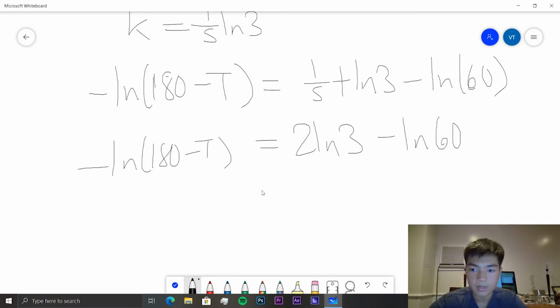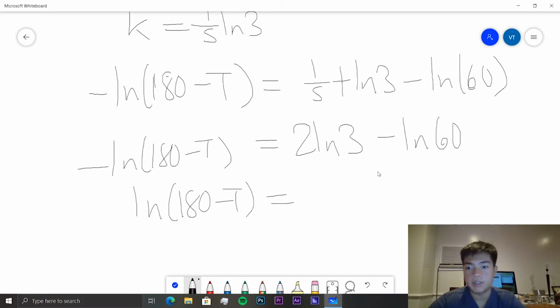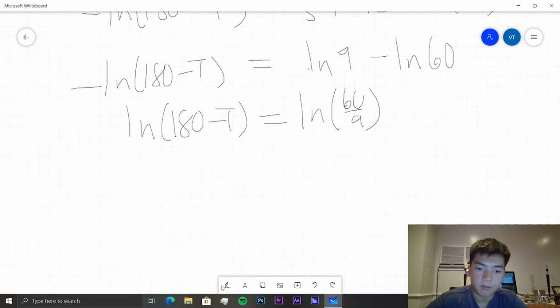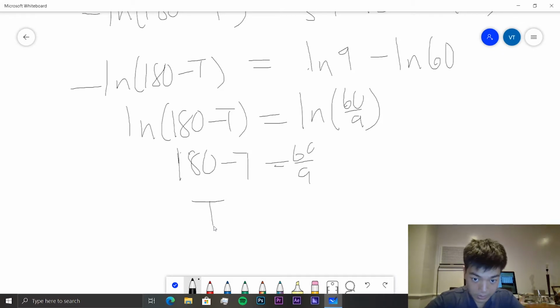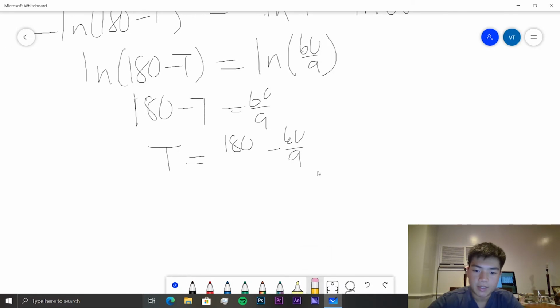So ln of (180 minus T) is equal to ln 180 minus ln 9, which is ln of 180 over 9.